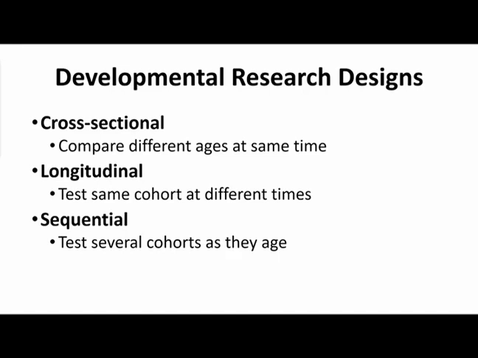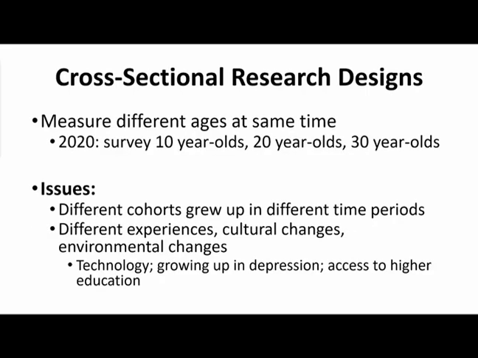And so we're going to talk about three of the core methods of setting up research on things that change over time for human lives. So we're going to look at cross-sectional, longitudinal, and sequential research designs. And each of those is going to get their own page where we'll talk a little bit about what they mean. So let's start with cross-sectional research designs.